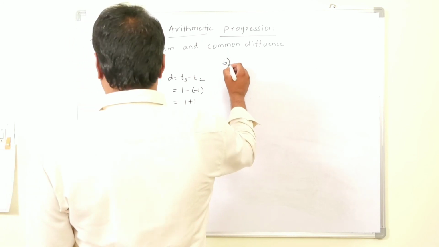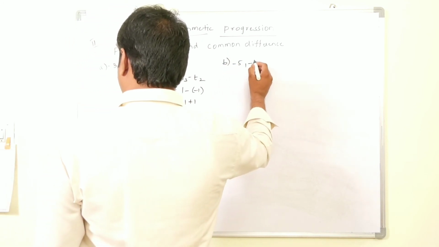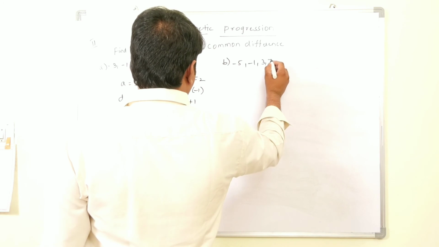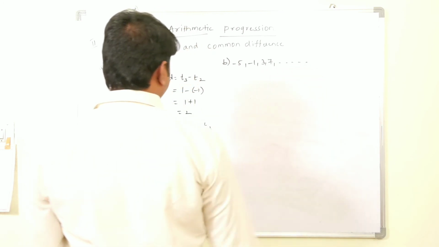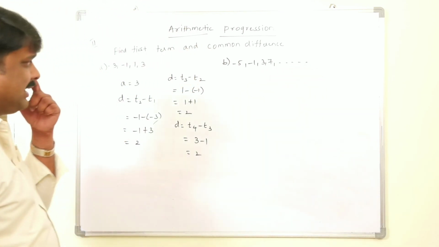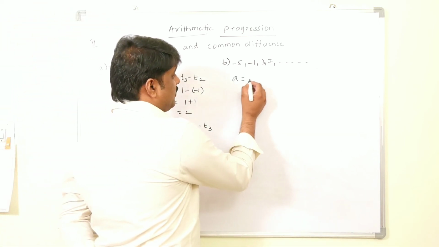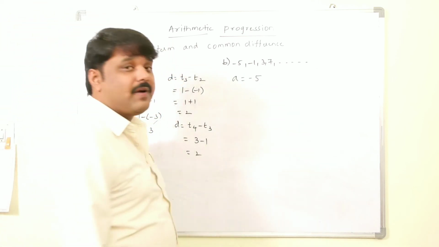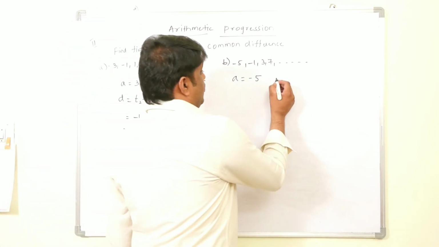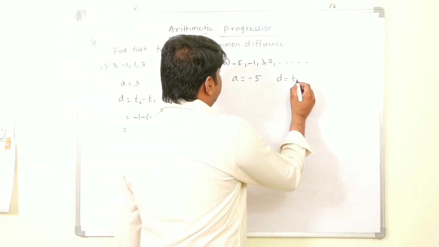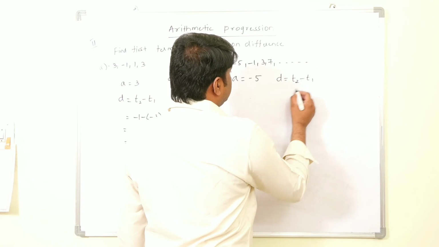It is minus 5, minus 1, 3, 7 and so on. Anyway, we know the first term of the AP is denoted by A, minus 5, common difference D, T2 minus T1.